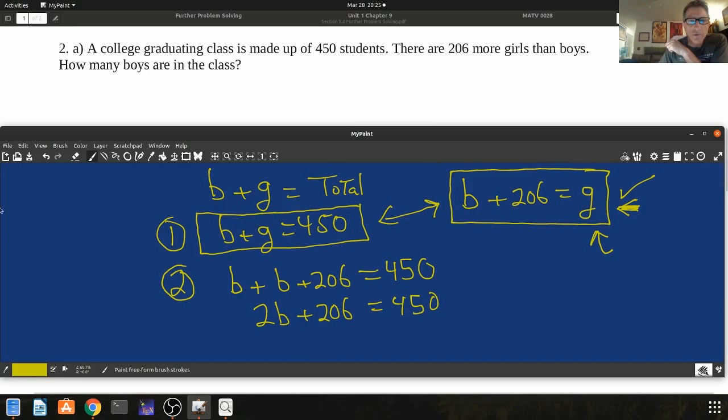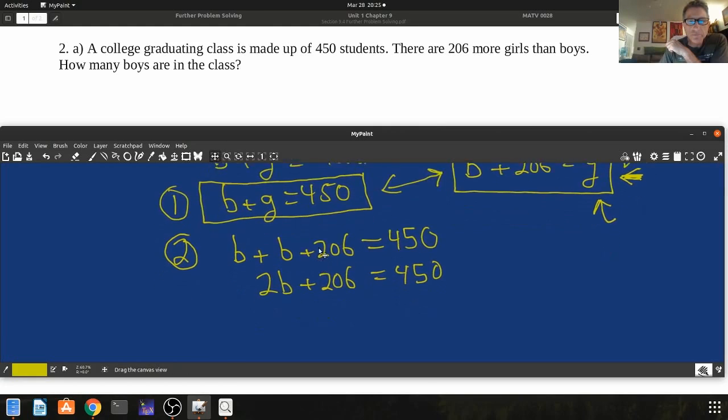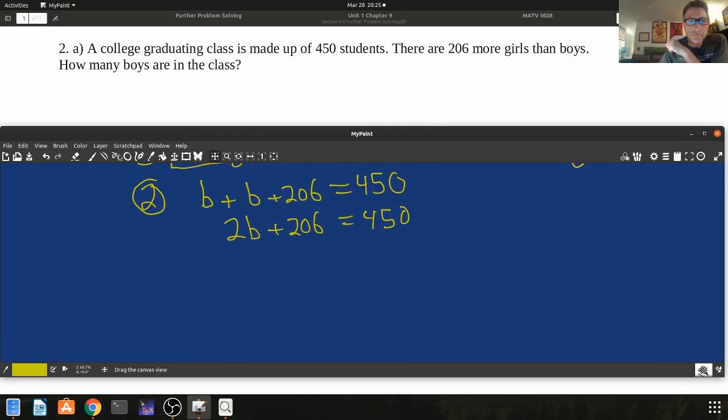So let's get some more room here. I'm going to take my 206 and move it to the other side. So I have 2B is equal to 450 minus 206.